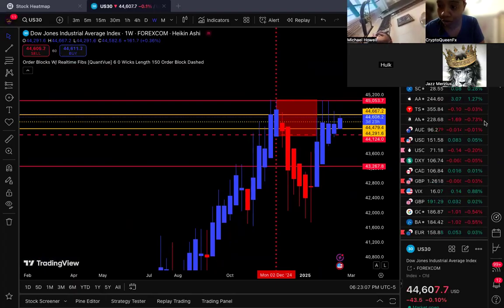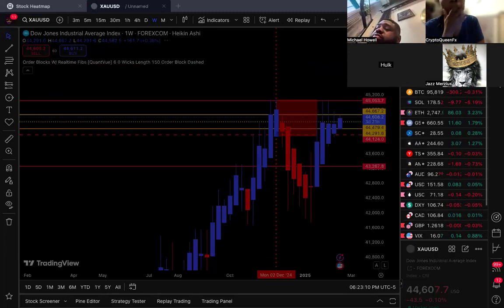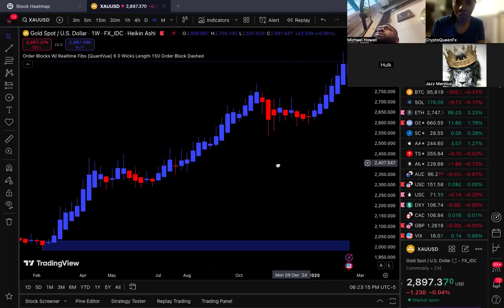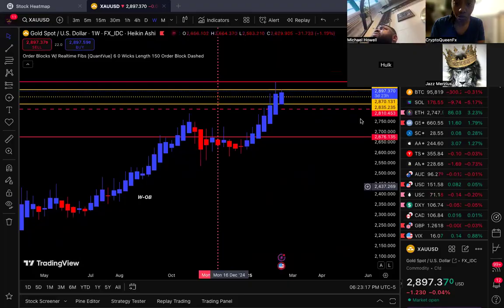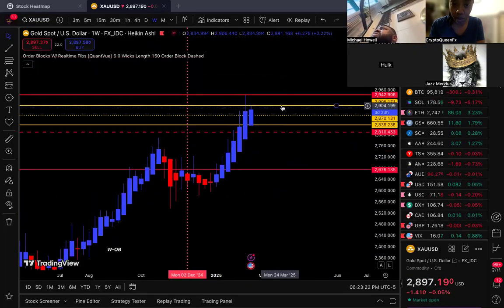I also marked up, I'm going to mark up gold. And I marked up gold correctly though.